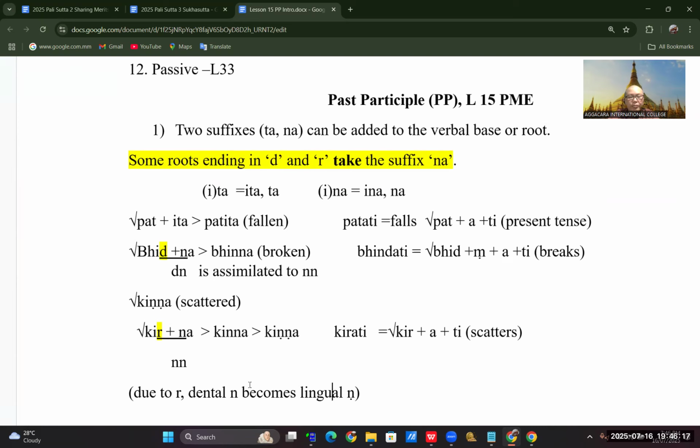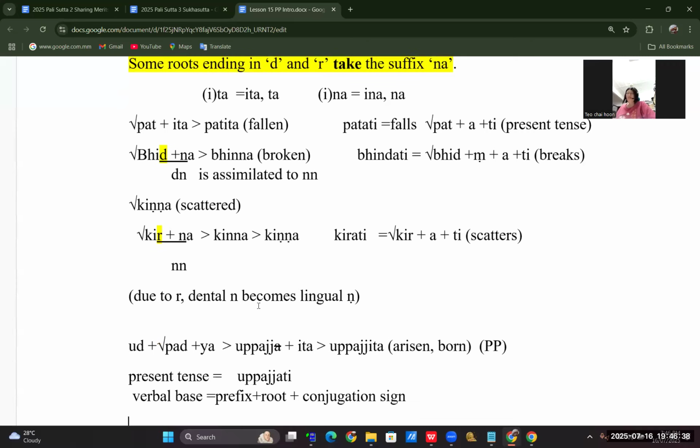So the dental n becomes a lingual ṇ. So kiṇṇa comes from kirati, ki plus r, meaning 'scatters'. So kiṇṇa is actually a past participle, 'scattered' here. Okay, Chai, so far can you follow? Can now? Okay, yeah, okay.